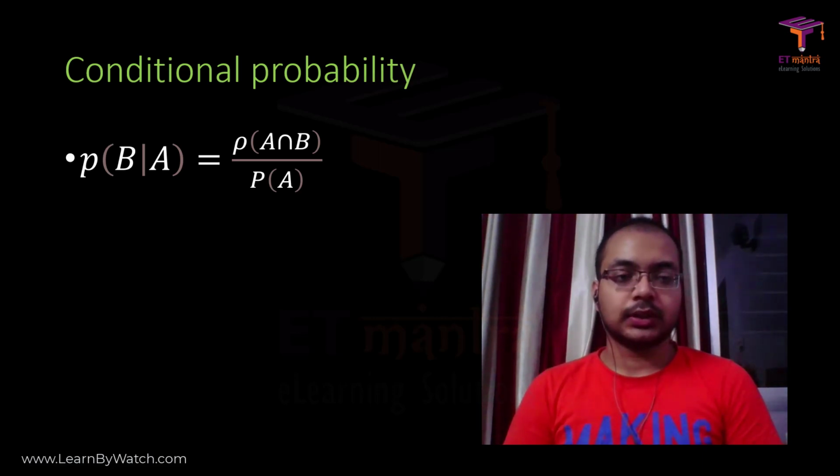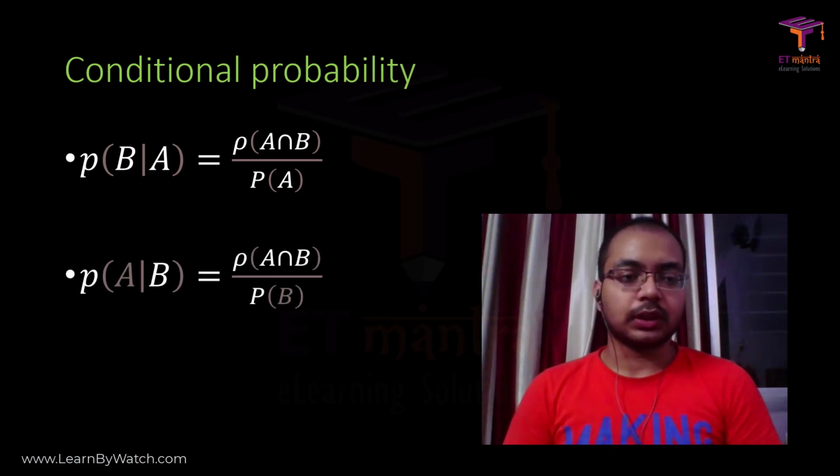Suppose there are two events, event A and event B, and we are asked that given A, what is the probability that event B will occur. So that probability is equal to probability of A intersection B. A intersection B means the probability that both event A and B will occur, divided by probability of A.